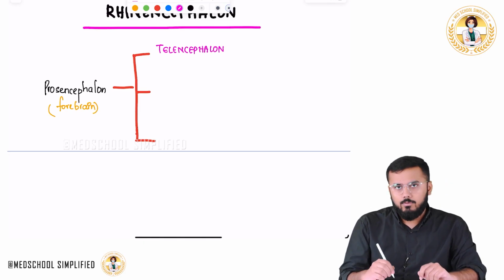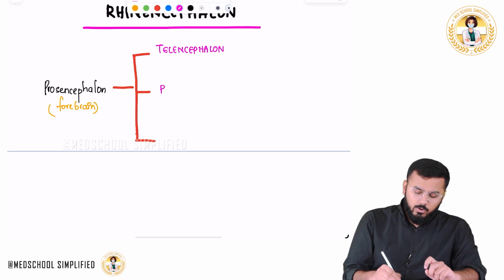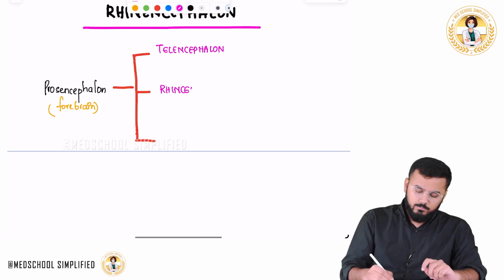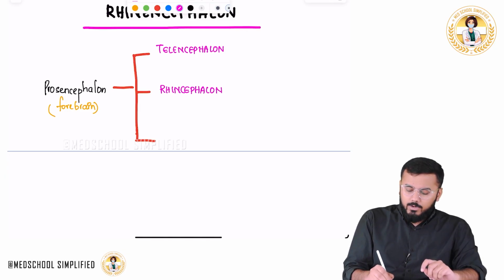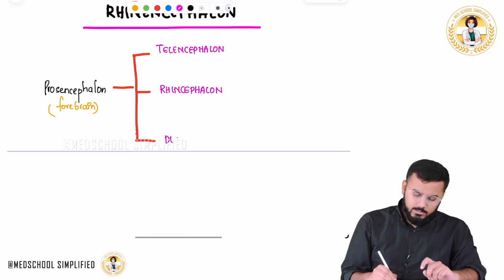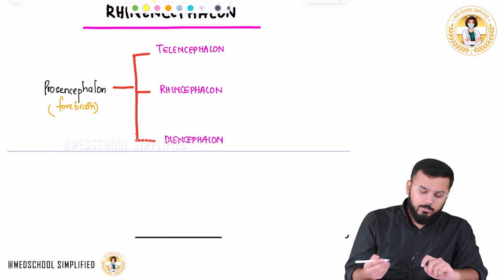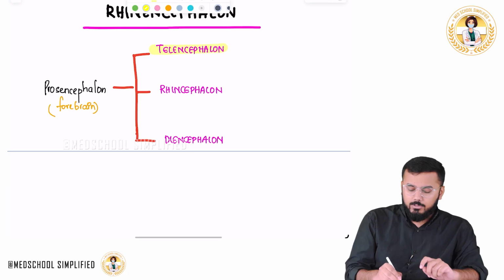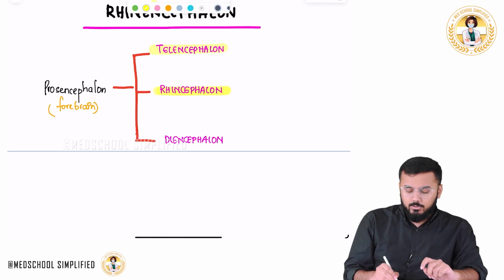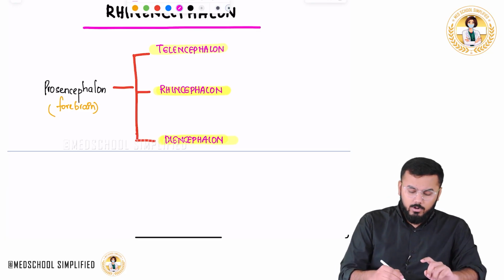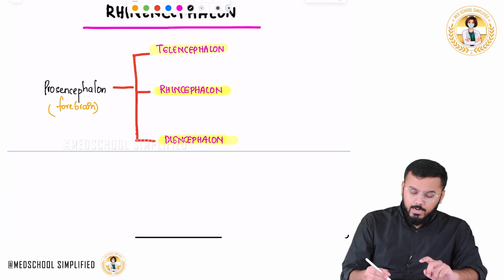Your cerebral hemispheres all come under the telencephalon. The next one is the rhinencephalon, and the last part is your diencephalon. So we have already discussed the telencephalon as well as the diencephalon.